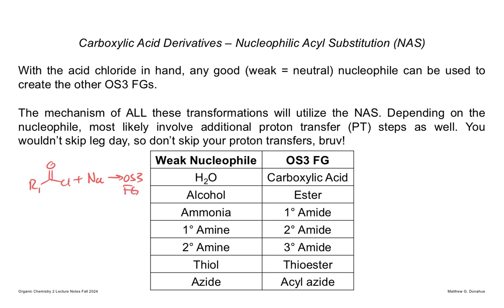If we have an acid chloride with water, that will make a carboxylic acid. An alcohol makes an ester. Ammonia makes a primary amide. Primary amine makes a secondary amide. Secondary amine makes a tertiary amide. Thiol makes thiol ester.